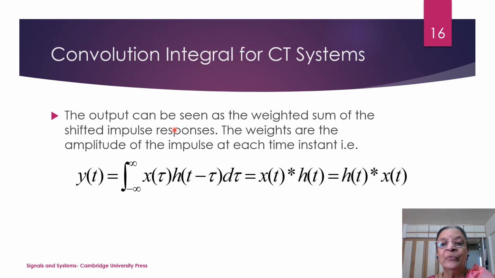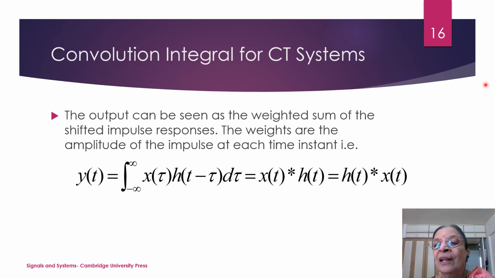Now what we do? Once we know the impulse response, we are supposed to convolve the impulse response with the corresponding input signal to get the output of the system. So the output can be seen as the weighted sum of the shifted impulse responses. The weights are the amplitudes of the impulse at each given time. So we have considered that diagram.